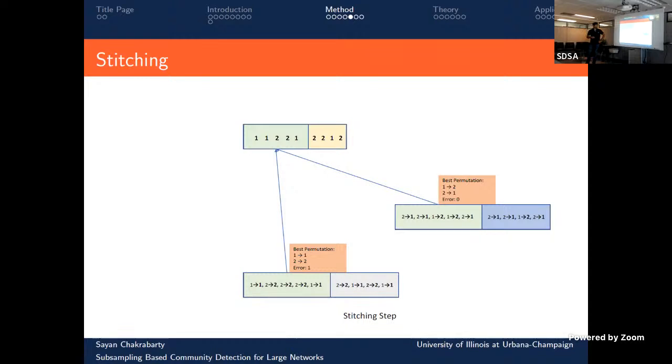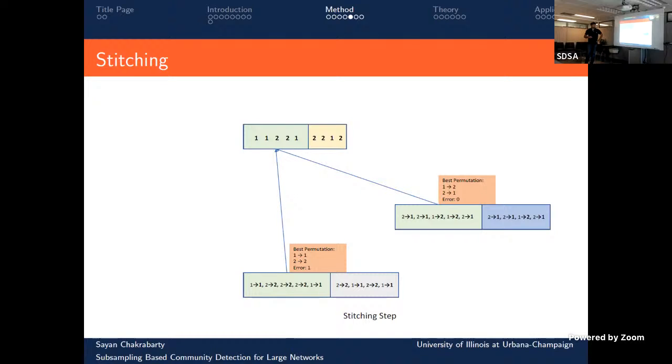What we do is look at the first output from the first subgraph and the second subgraph, and we match the overlapping part because these levels correspond to the same set of nodes. And we see that in this case, the best permutation is just flipping the levels. So we flip 1 to 2 and 2 to 1. In that case, we have a perfect match and an error of 0.